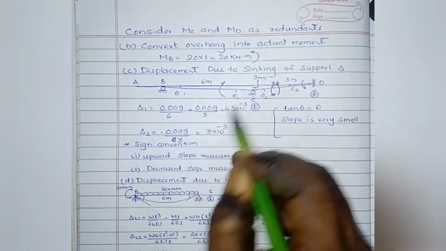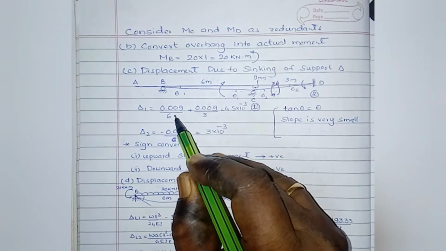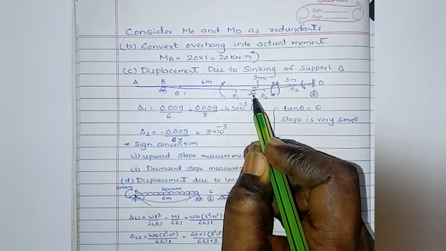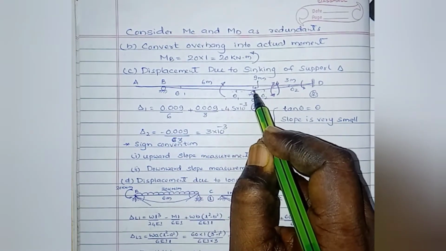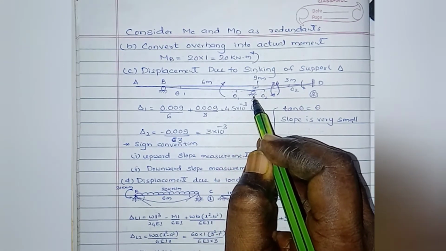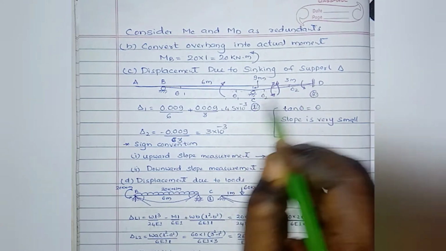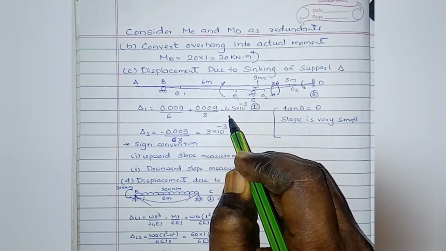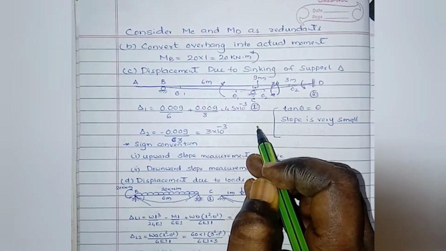Convert that into meters. Here this one is 0.009 divided by 6 plus, here for this span, 0.009 divided by 3, that equals 4.5 into 10 to the power of minus 3.